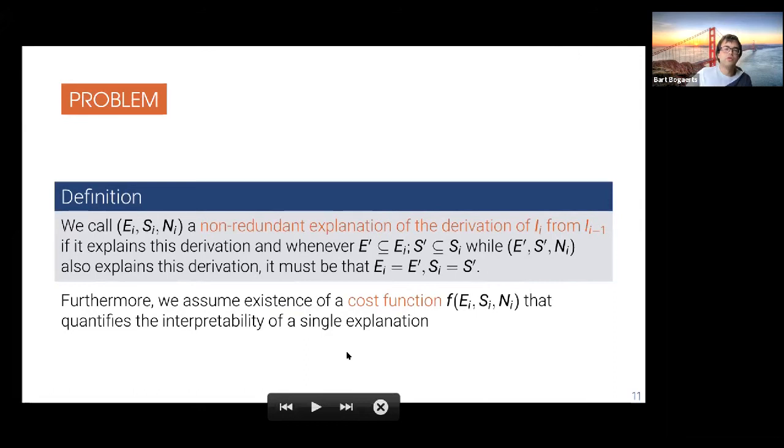On top of searching for non-redundant explanations, we will assume that there's some kind of cost function that quantifies how good a certain explanation step is, and we're looking for cheap ones. For instance, in the case of our logic grid puzzles, just using a single bijectivity constraint is very easy, so we will give that kind of explanation a very low cost, while explanations that combine 3 different clues, where figuring out what's going on is not easy, we will give a very high cost.